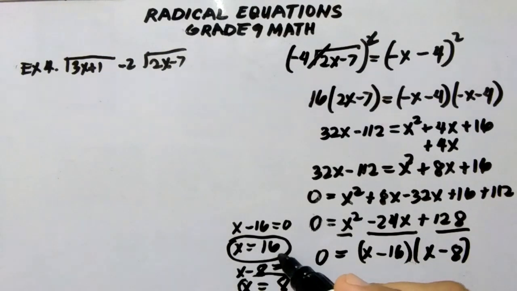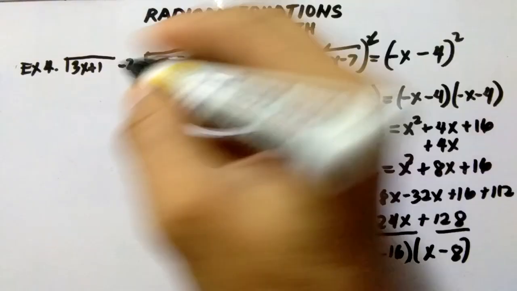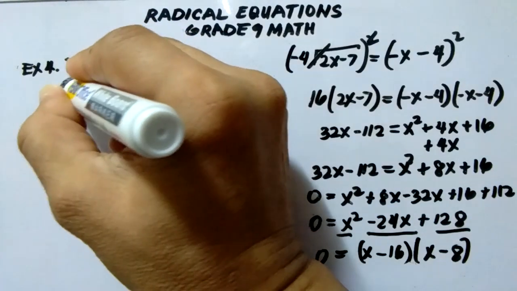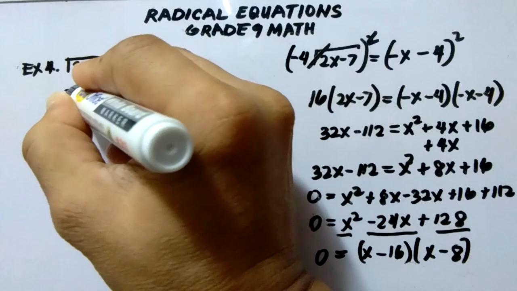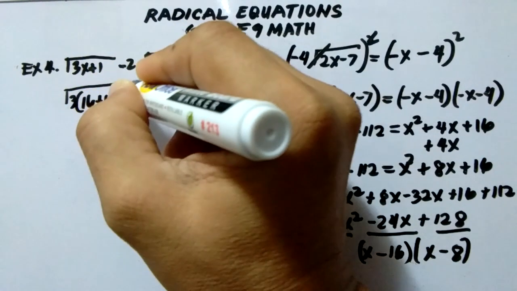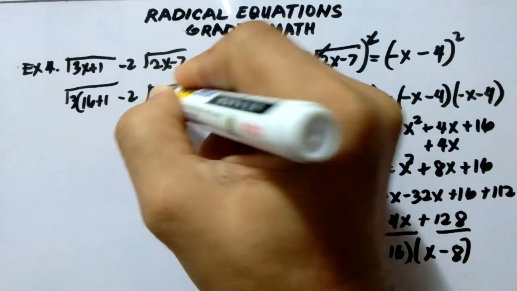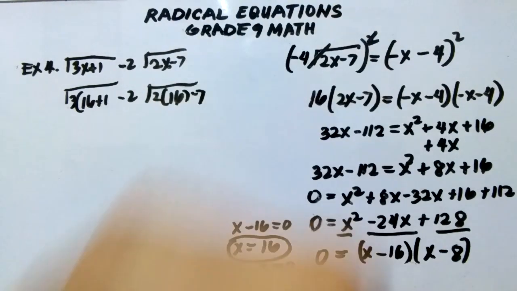Unahin po natin yung x is equals to 16. So, we have square root. Okay, so ito po yung ating original na radical equation. So, we have square root of 3 times 16 plus 1 minus 2, then square root of 2 times 16 minus 7.